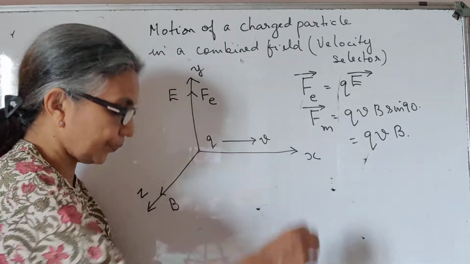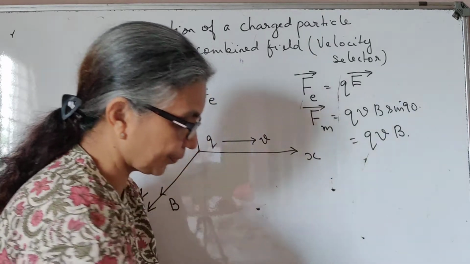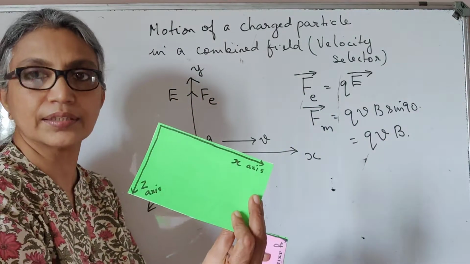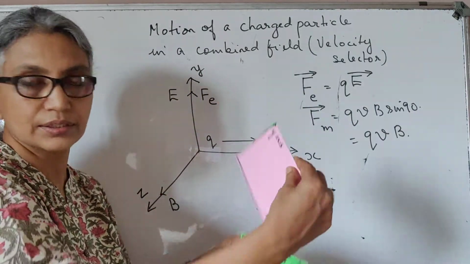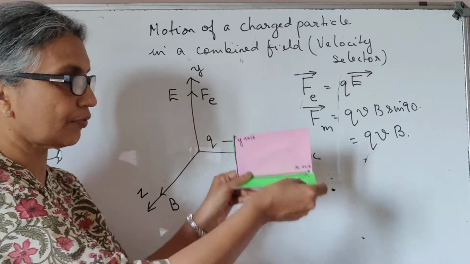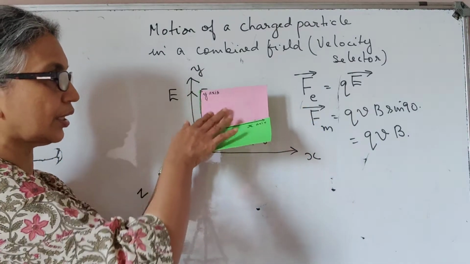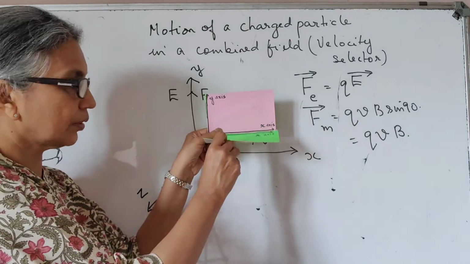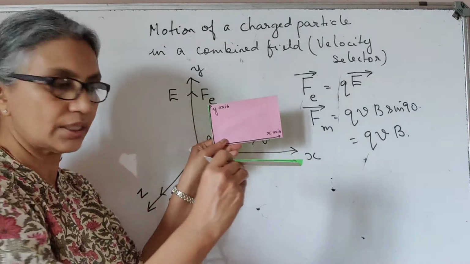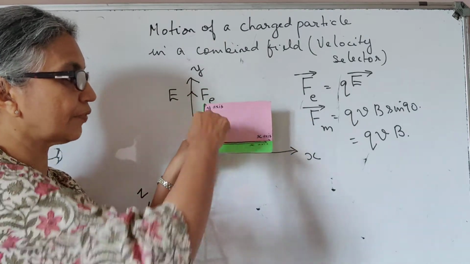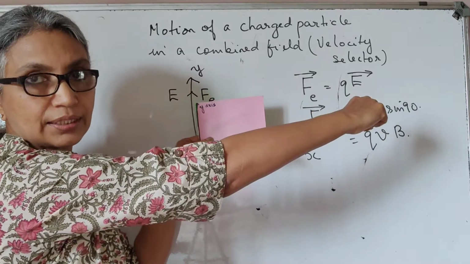So here we see, it's like this. Let's say this is the x-axis and the z-axis. We have the x-axis and the y-axis like this. So we have the electric field along the y-axis, the magnetic field along the z-axis, and the particle moving along the x-axis.